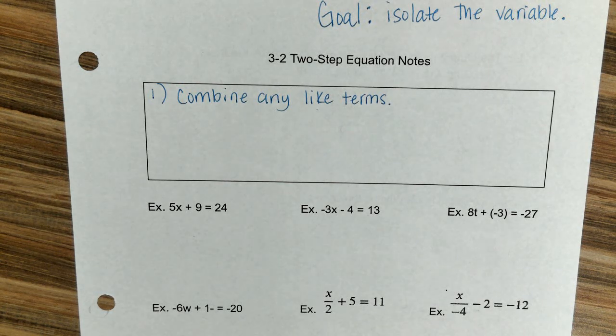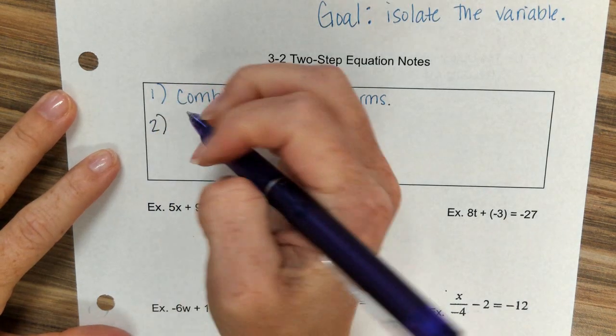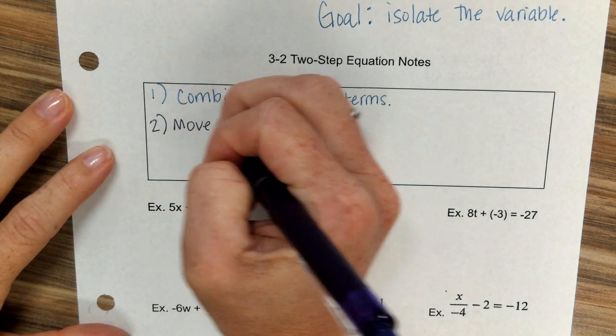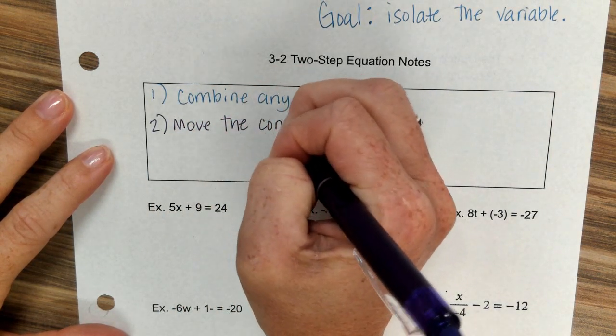If there are no like terms, then you skip the step. Did everybody understand that? Okay, if there's no like terms, then you skip that step and move to the next step. The next step, you are going to move the constant.